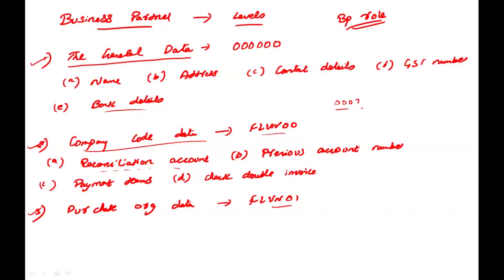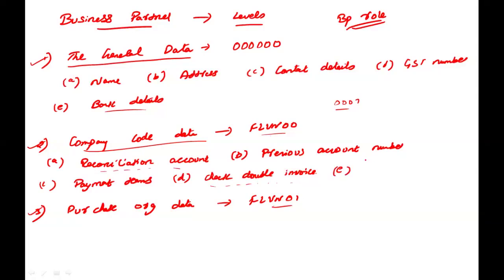Now the same vendor sends an invoice with the same number 0001. He should have sent another number, but by mistake he has sent the same number. If I don't enable this checkbox, the system will still allow you to post that invoice. To make the system secure, to make the account secure, we need to activate this functionality, which is check double invoice, so that the finance person will not be able to post the same invoice number again in the system. That is the functionality of check double invoice.